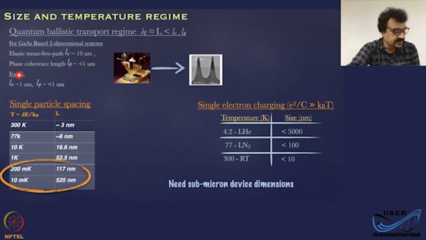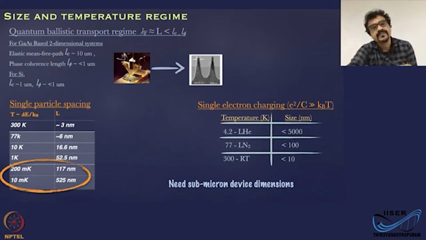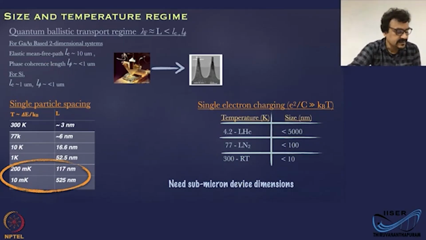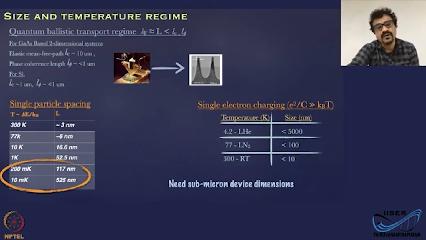And for silicon, this elastic mean free path is only a fraction of what you can get in gallium arsenide as per the current state of the art, whereas the phase coherence length is close to what you have in gallium arsenide. So what that means is the length scales need to reach this dimension or even lower to observe quantum ballistic transport in devices based on these materials.